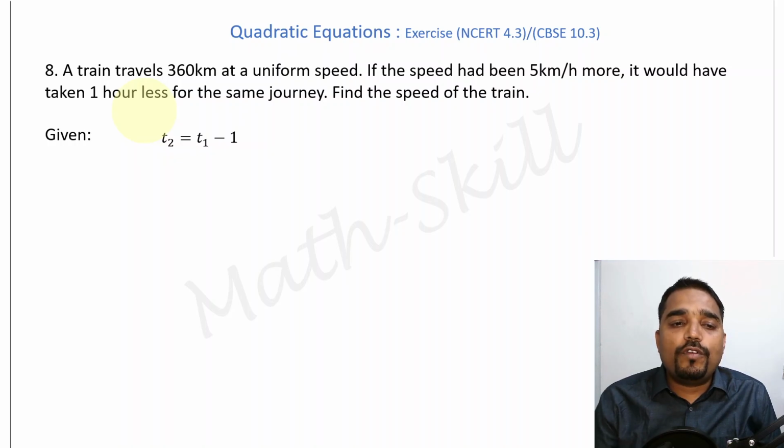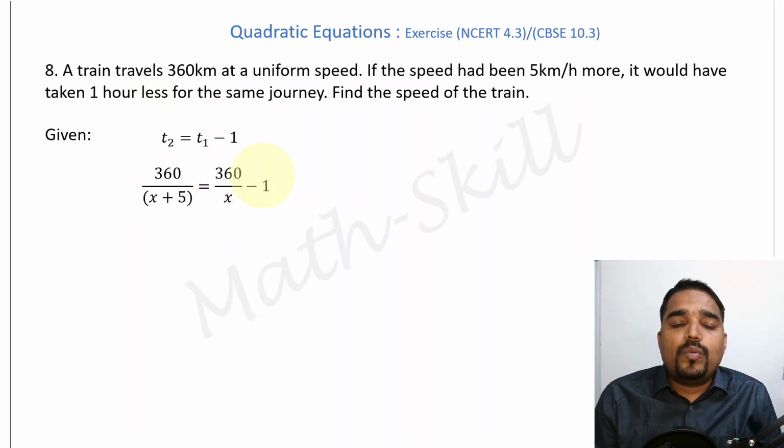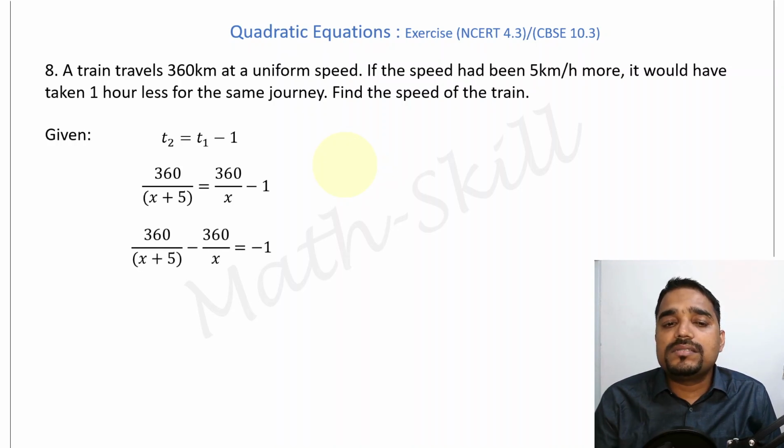So t2, which we have already found as 360 divided by x plus 5, is equal to t1, which is 360 divided by x, minus 1. Now to simplify and find the value of x, let us transpose 360 divided by x towards the LHS. Therefore, we will be getting 360 divided by x plus 5 minus 360 divided by x is equal to minus 1.